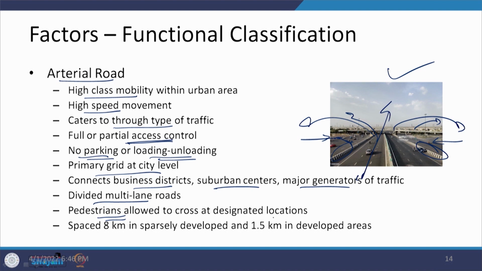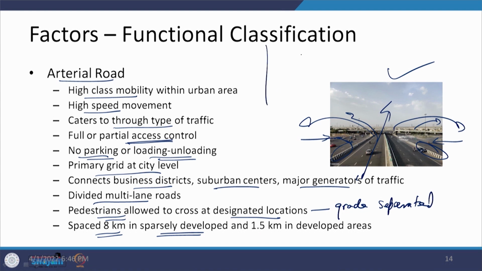If they have to cross, they have to do it at designated locations, and you will find grade-separated facilities through which only the pedestrians should cross. As for spacing in a city, if the development is new and sparsely developed, it should be spaced at 8 kilometers, and if it is a developed area, then 1.5 kilometers.